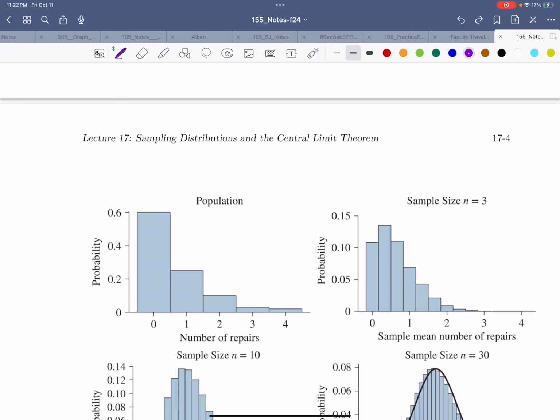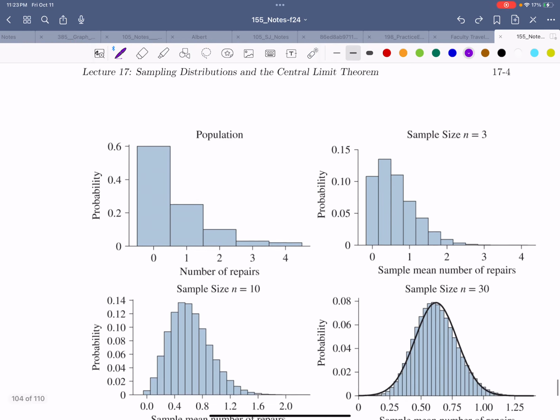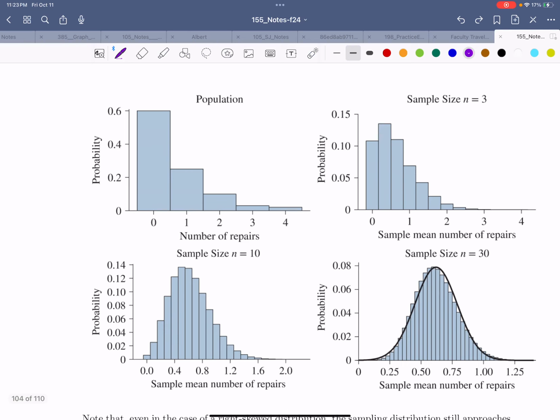But then, what if we consider a sample of 3 cars, and we consider the mean number of repairs for each sample of 3 cars? Well, then that starts to look like this, a little less skewed. Still skewed, but a little less skewed. What if we consider all possible samples of size 10? This is what we get.